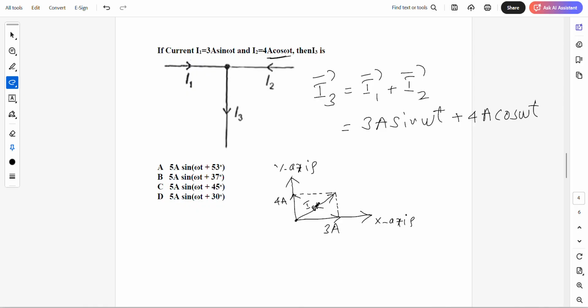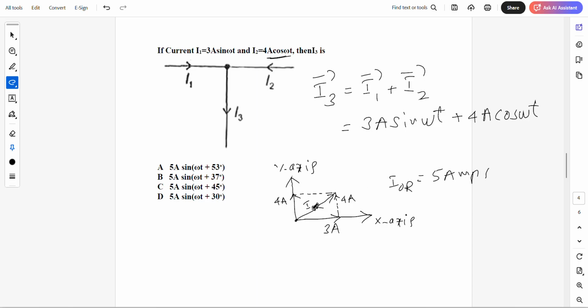If this is 3, this is 4, this also will be 4 amperes. Then IOR, if I use Pythagoras theorem, will be how much? 5 amperes. 5 amperes, right?